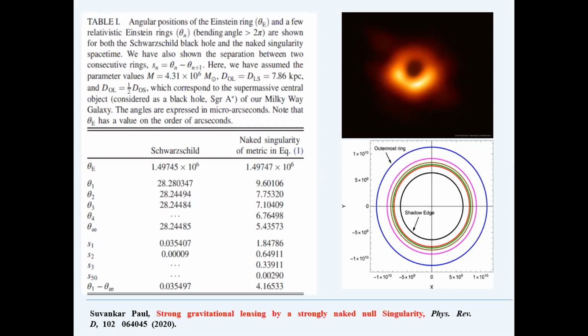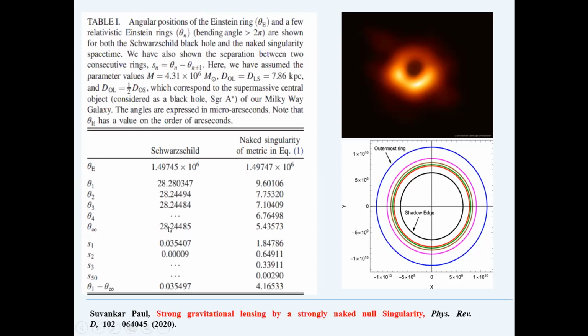In this table, we see that similar types of subrings are also possible in null-like naked singularity spacetime. The n equal to infinity case represents the innermost critical ring, which forms the edge of the shadow region, and its angular position is denoted by theta infinity.